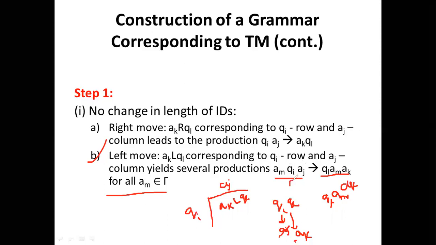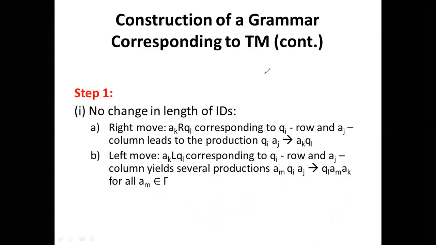This one is beta and this one is gamma, and the left sequence is alpha, that is A_m. So that is the construction of the grammar corresponding to the Turing machine where there is no change in the length of ID.